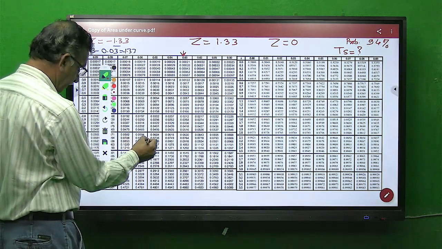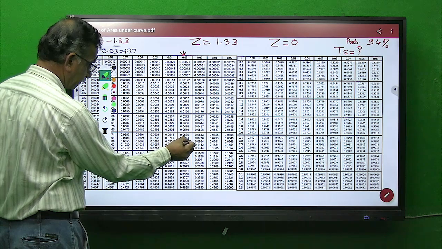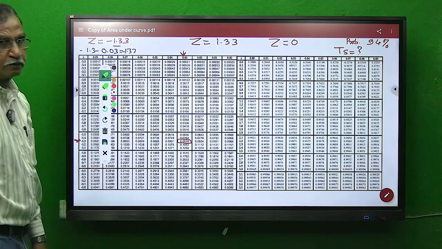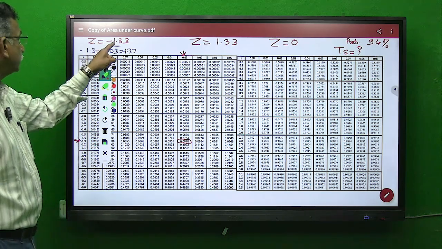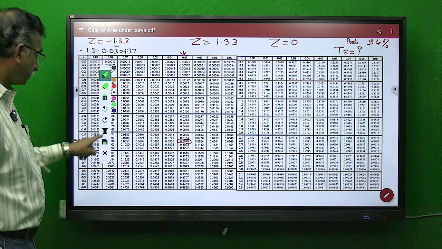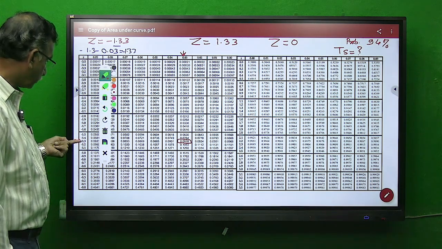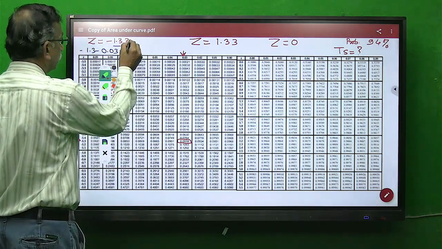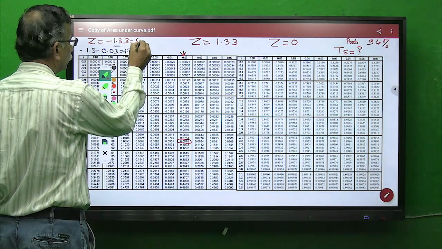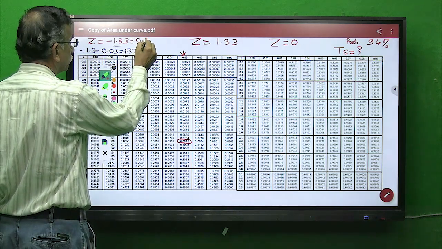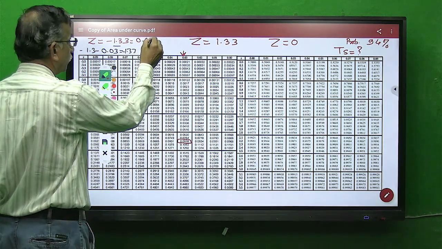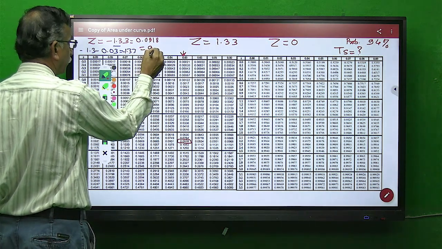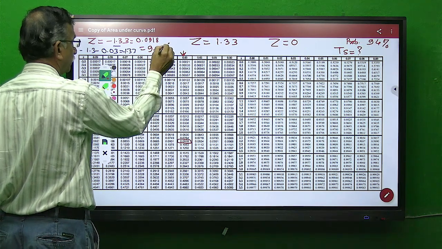If you go by that method, I have highlighted this particular value. So now for z equal to minus 1.33, which is intersection of row of minus 1.3 and column of 0.03, I get value of probability as 0.0918, which is equal to 9.18%.